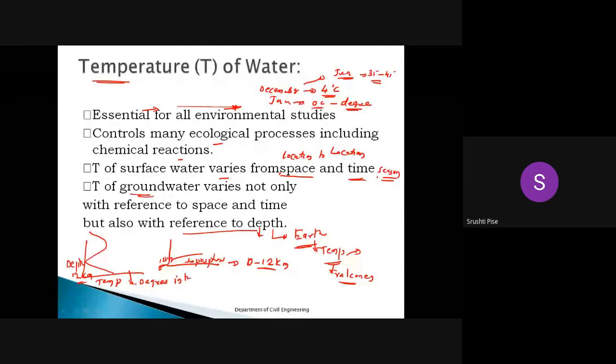That is why the temperature is always a very important parameter which is going to help.